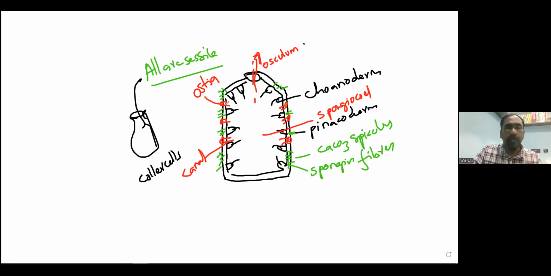These canals finally open into a space at the center called spongiocele, which opens out through the osculum. Now, the unique system found in porifera is the water transport or canal system.